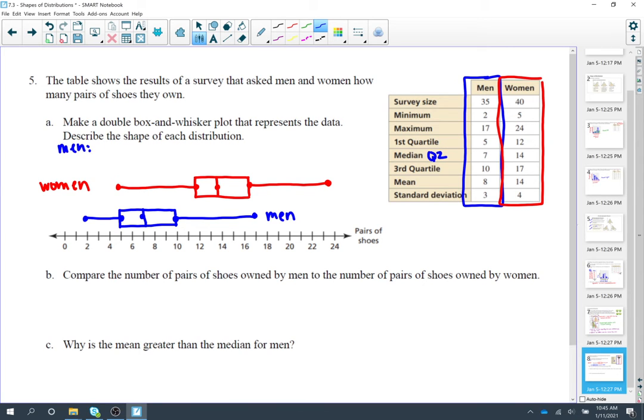And the men to me look like they do have a tail, and the tail is out to the right. So I'm going to say that they are skewed right. Then for the women, I'm trying maybe to identify a tail here. They don't look like they have a tail, so the women, I'm going to say is symmetric.